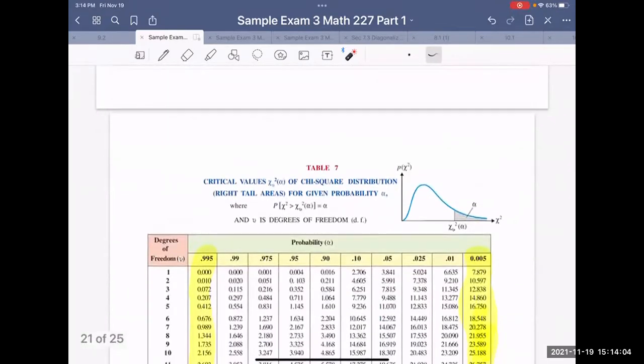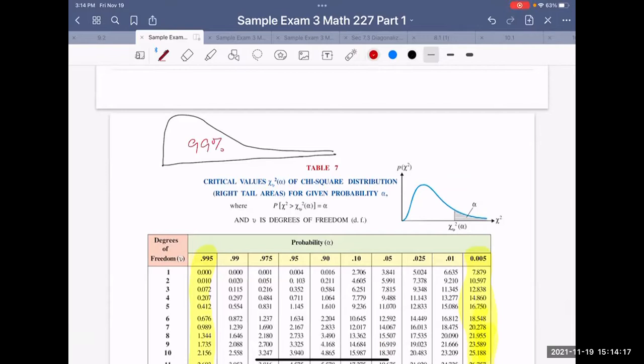Maybe I should draw this. I have here a 99% confidence interval. So that says 1% total is in these two tails.